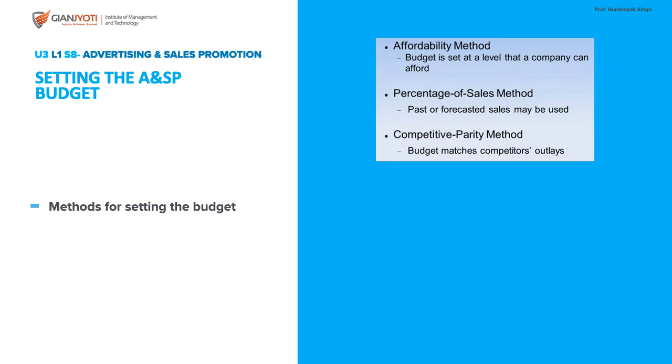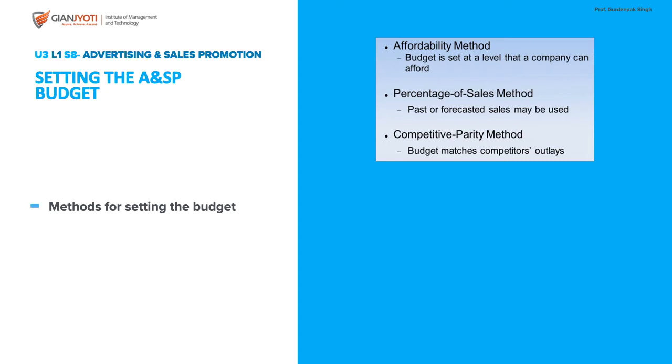So you decide what the company can afford. Second is the percentage of sales method. So from the historic data, from the past data, you try to forecast the sales and then you pick a percentage of that sales as your advertising and promotion budget.